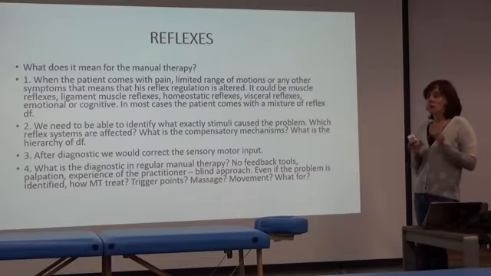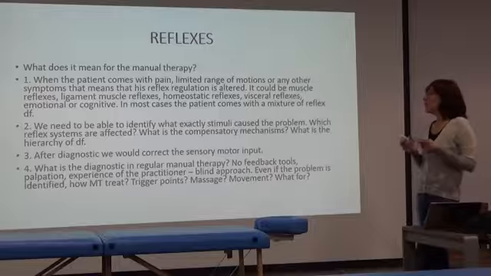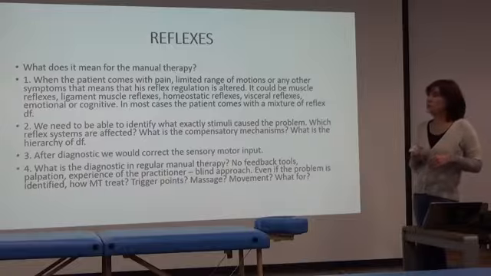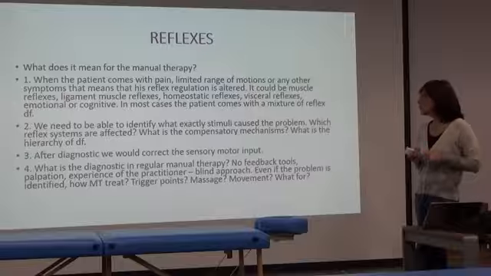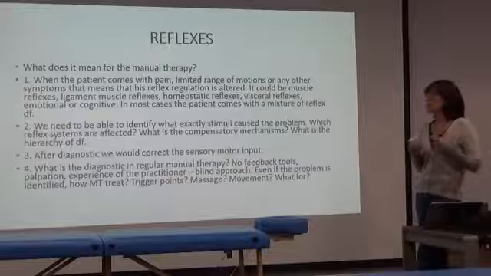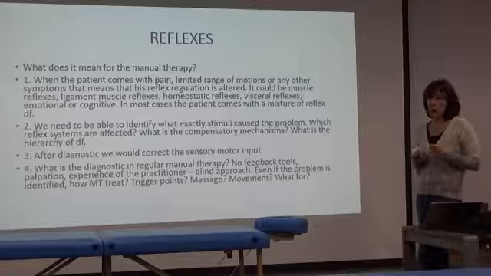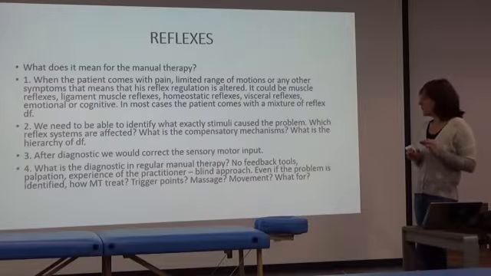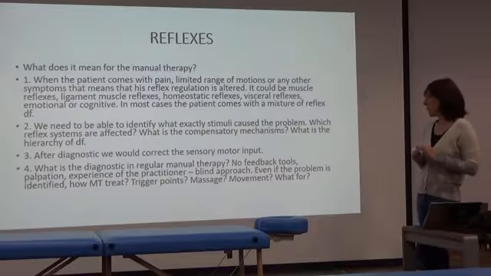Because if we have one reflex altered, for example a muscular reflex, then we could have alteration of a visceral reflex, we can have ligament muscle reflex alteration, and it all comes in layers of different dysfunctional responses. Then we should be able to diagnose all that and give the proper stimulus to correct the certain issue.